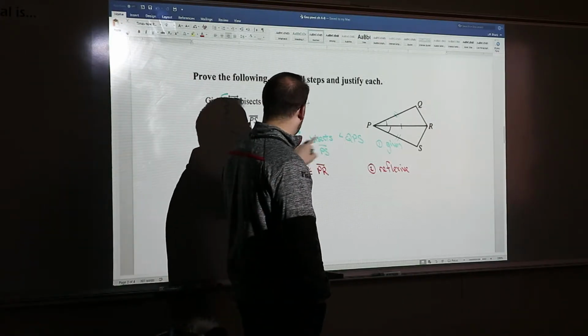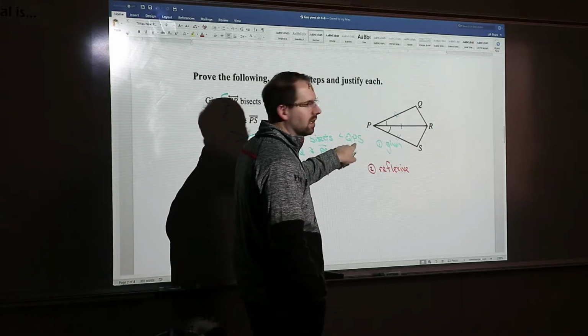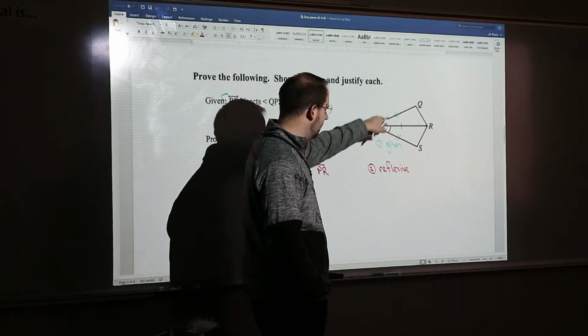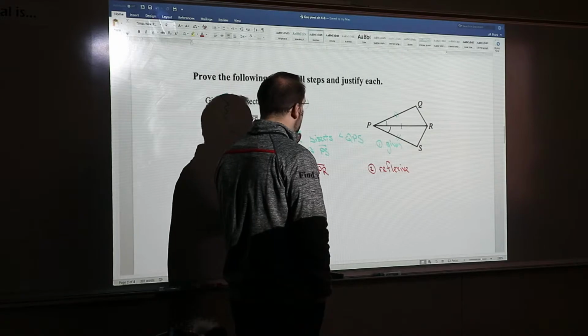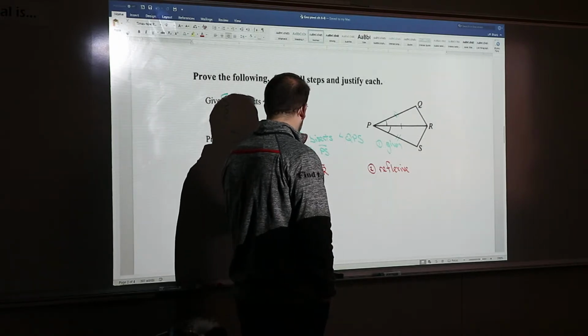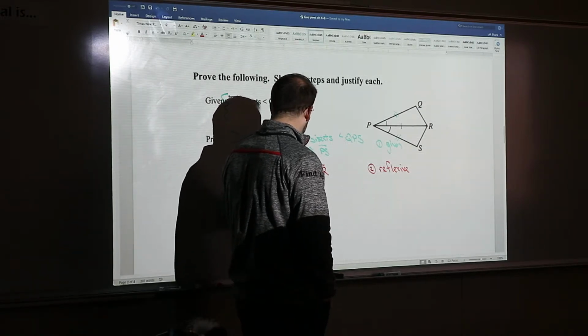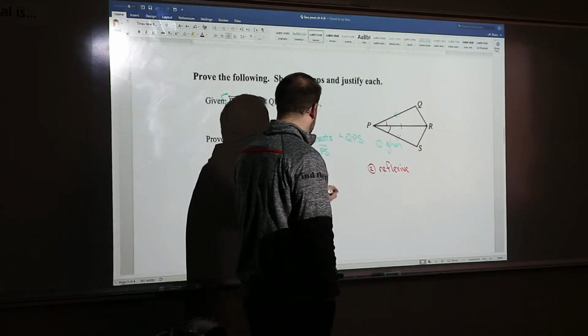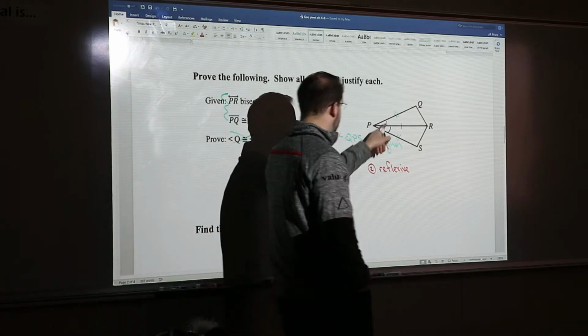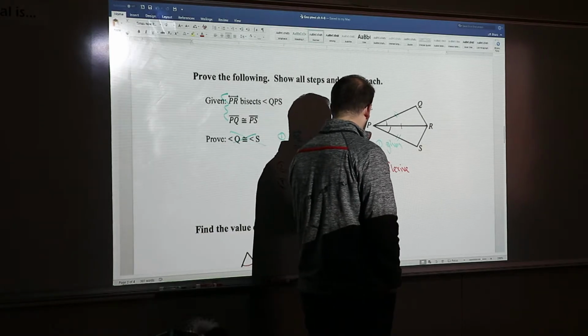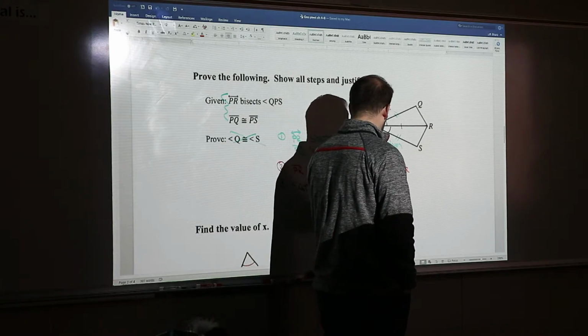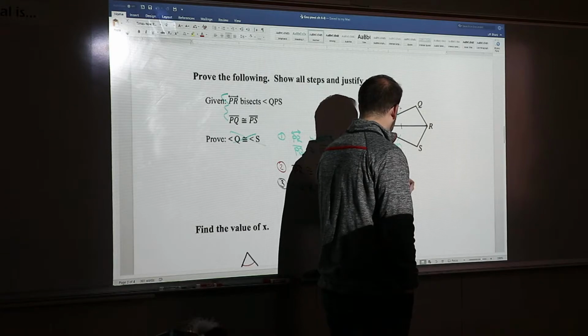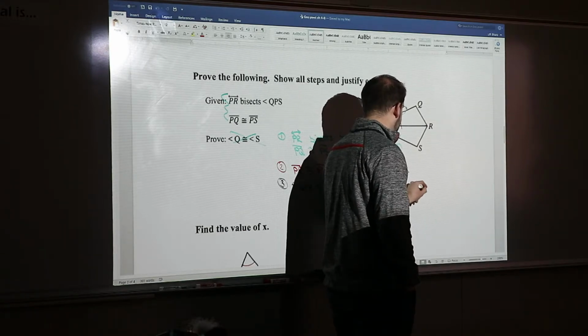When PR bisected that angle, it was cut into two equal pieces, and you just have to figure out which angles those were. So that's angle QPR is equal to angle SPR. And those are the markers I made. The whole reason is the definition of an angle bisector, or you can just write definition of bisector.